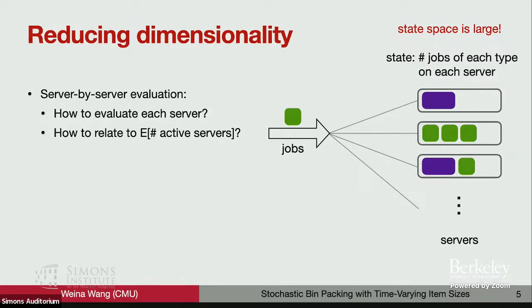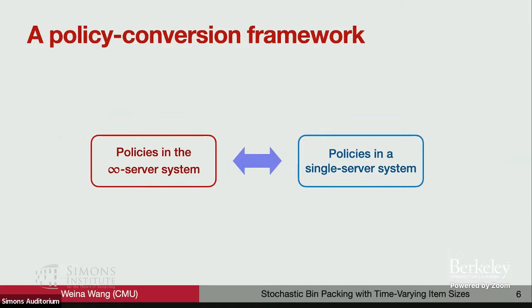To materialize it, we come up with this framework. Under this framework, we are going to take all the policies in the original system, the original infinite server system, and establish a mapping between those policies and the policies for a single server system.